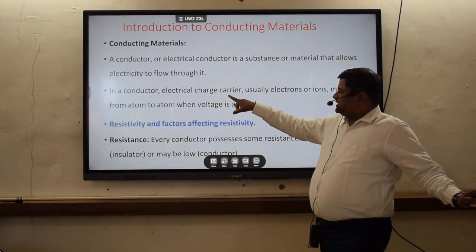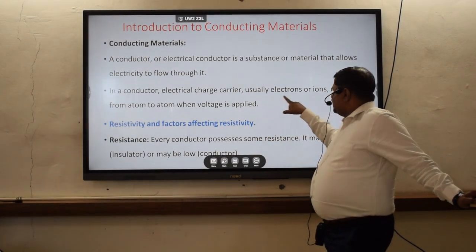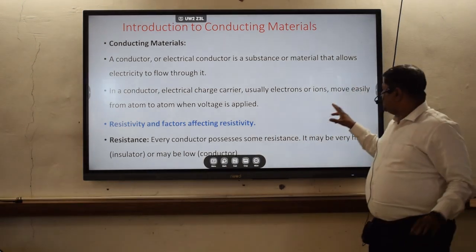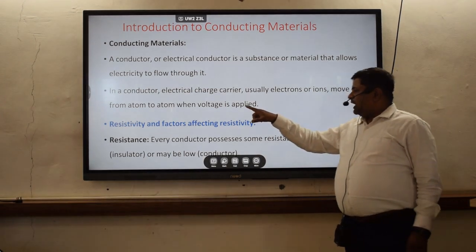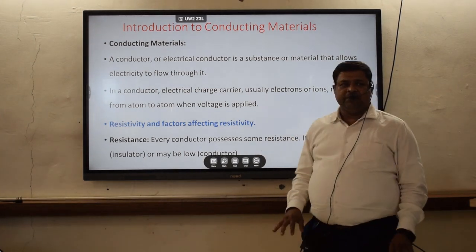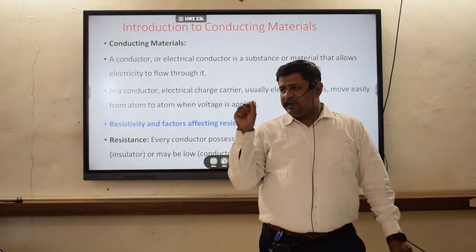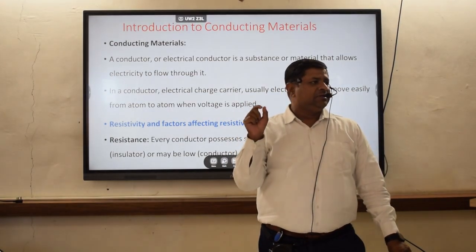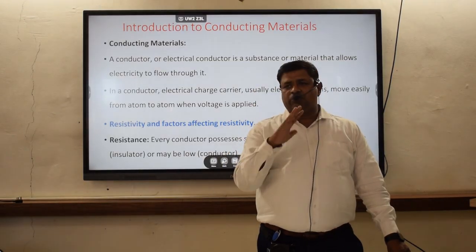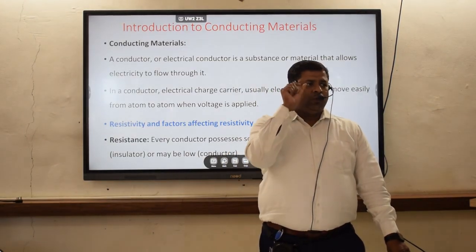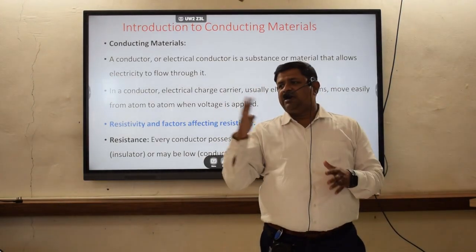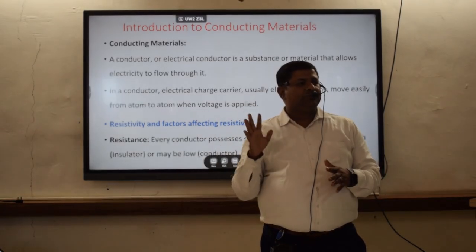In a conductor, the electrical charge carriers, usually electrons and ions, move easily from atom to atom when voltage is applied. When you apply the voltage, the electrons or ions pass that voltage or current from one atom to another atom, and by that way they pass the current from one place to another.